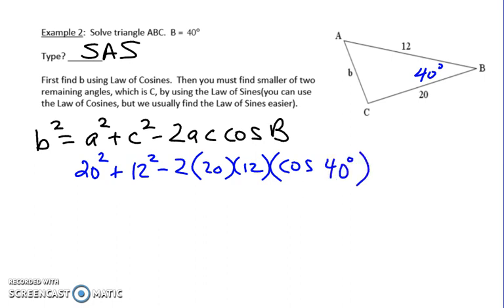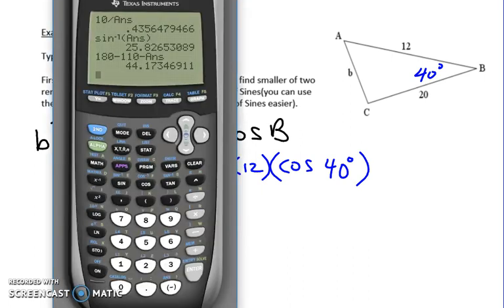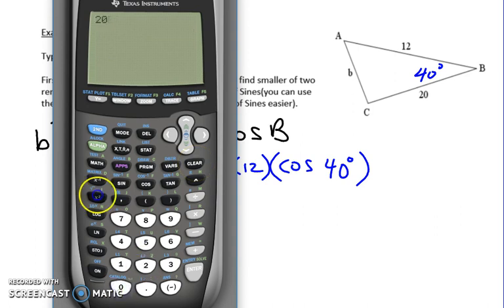So again, we can put all of that into our calculators. 20 squared plus 12 squared minus 2 times 20 times 12 cosine of 40.